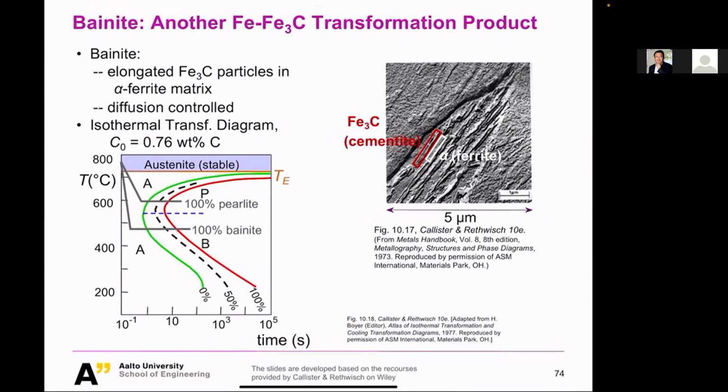And here I'm telling you already what is happening if you supercool your austenite further. So you go something like below 500 degrees C. As you can see, the curves are turning. Maybe you try to think about why my pearlite cannot be faster and faster.